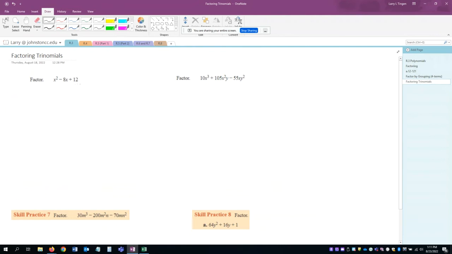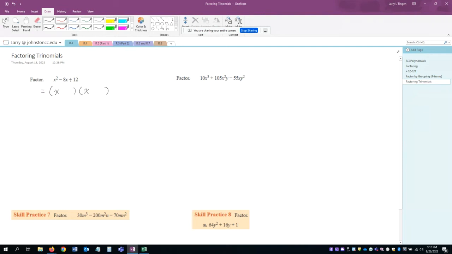Make sure if there is any common factor in all the terms, pull it out. There isn't one in this case. So what do I need? Well, I know this is going to factor into x, and then I'm going to have pluses or minuses, not sure yet. And then I'm going to have some number here and some number here. So let's figure out what we have. First, let's figure out the signs.